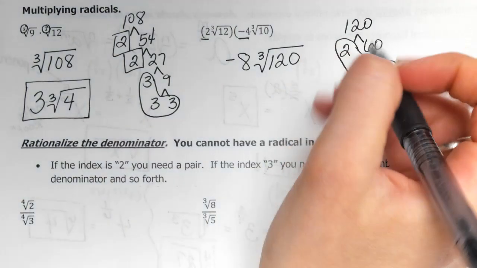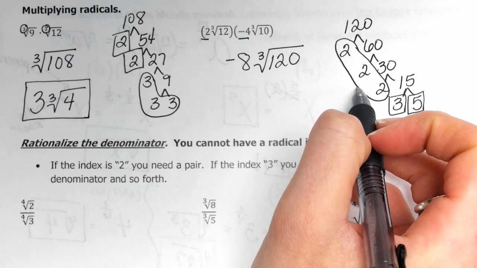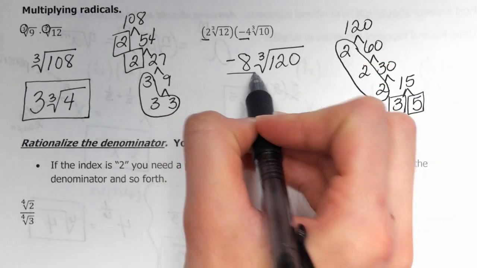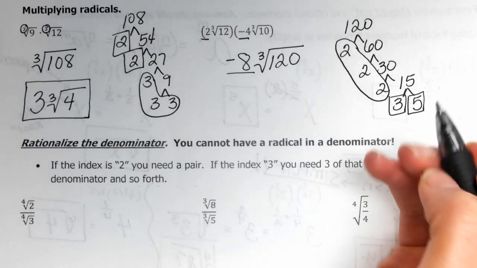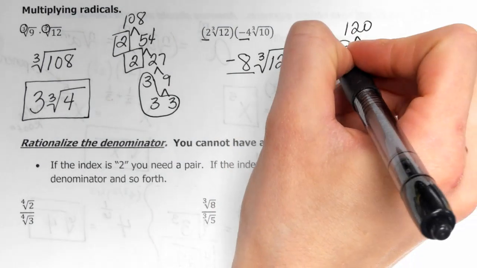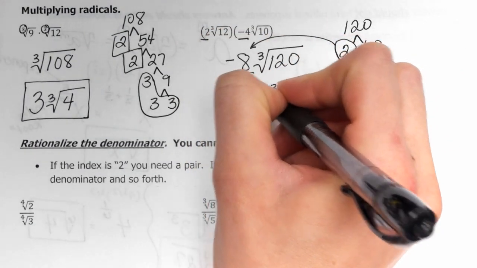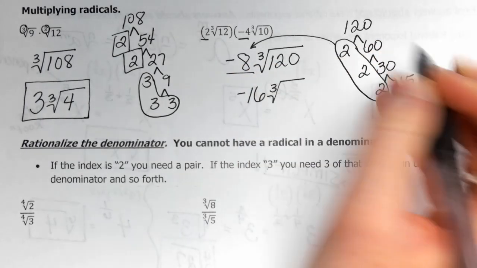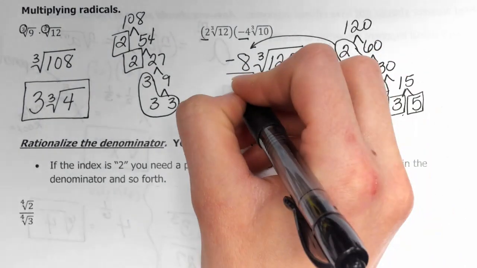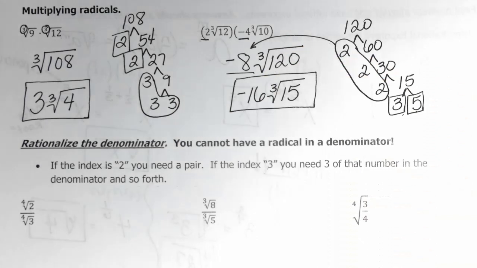Now, I know I'm pulling out a 2. What am I doing with that 2 and that negative 8? I'm multiplying. So I'm doing negative 8 times 2, which is negative 16, times the cube root of 3 times 5, 15. Okay?